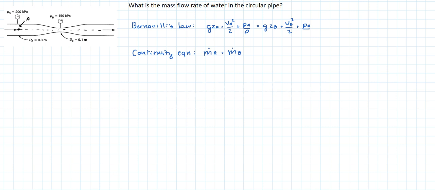This is point A, and this is point B. Right before we get to it, we're also going to use the continuity equation, which simply states that the mass flow rate is equal at every position within the Venturi meter. If not, then there would be accumulation of mass in some area, and that does not happen.